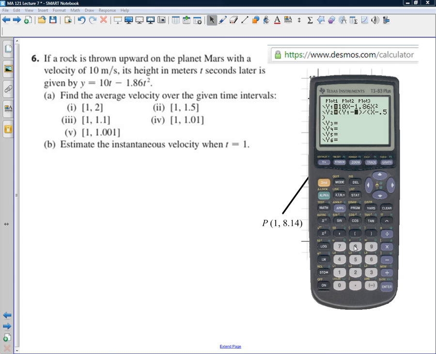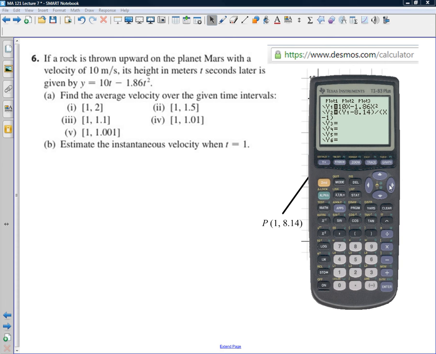So I'm going to use my 8, and then I have to do an insert here, and I want to insert a point, of course, and I'm going to continue to insert 8.14, right? So now I've got the numerator set, and now I'll move over and I'll replace the 0.5 with a 1, and then I want to delete the 5. And I believe I have it all cleaned up now.